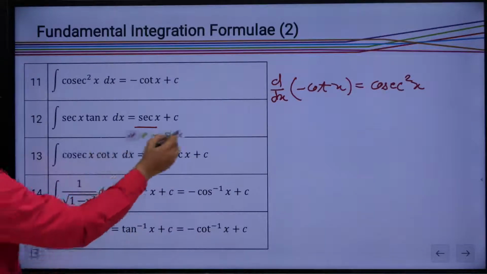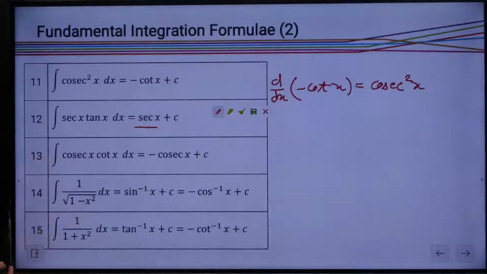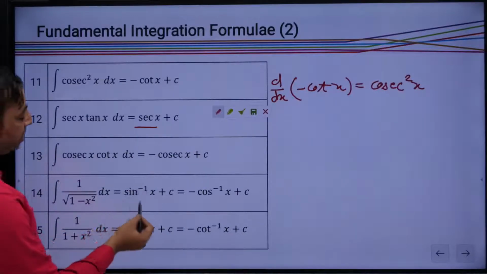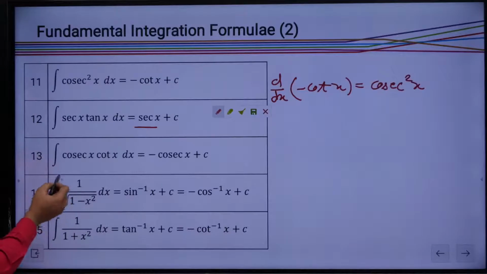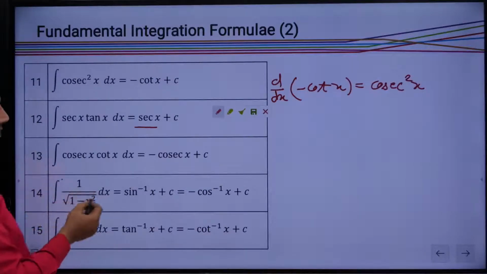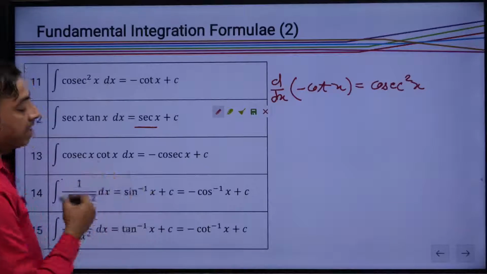And similarly, in case of the inverse trigonometric functions, the derivative of sin inverse x was 1 upon square root of 1 minus x square. So we have the formula that the integration of 1 upon square root of 1 minus x square dx becomes sin inverse x.